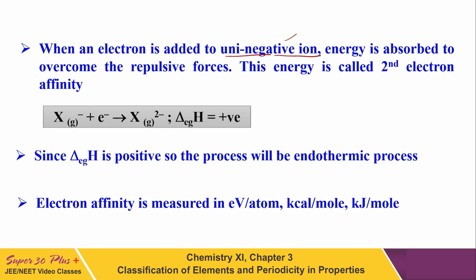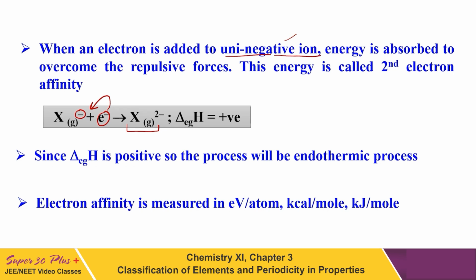The pre-existing negative charge will repel the coming new electron. We know, students, that like charges repel each other. So the coming new electron will be repelled by the negative charge, and thus it will form X minus 2. It is very difficult to form X minus 2 because the coming electron will be repelled by this pre-existing negative charge. So it is quite difficult to add an electron to the uninegative ion.